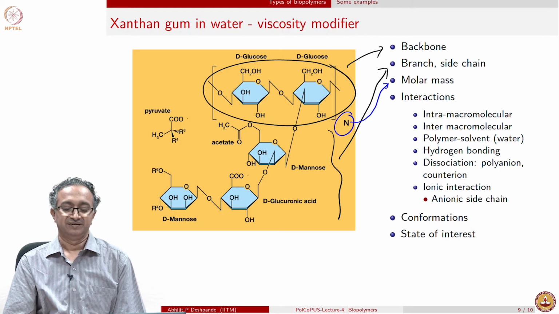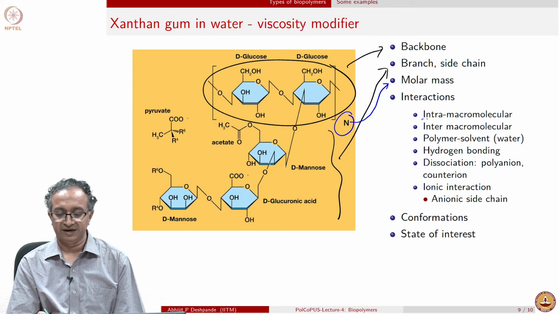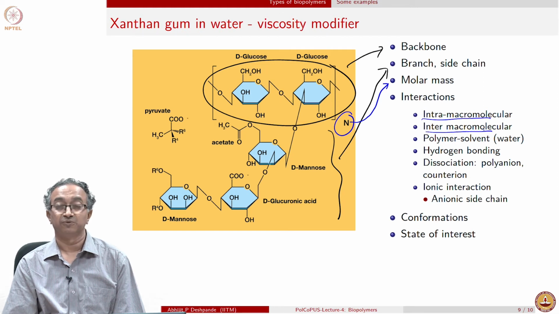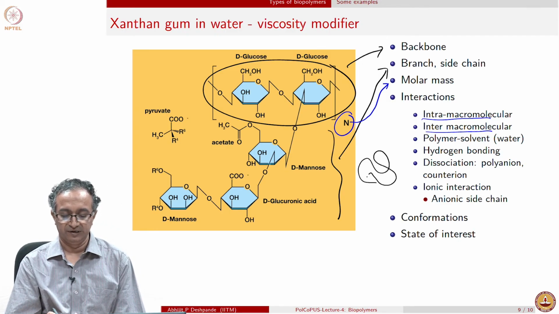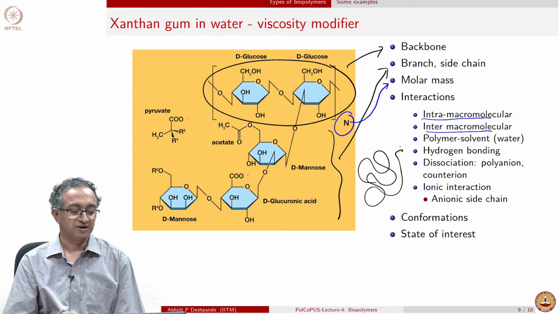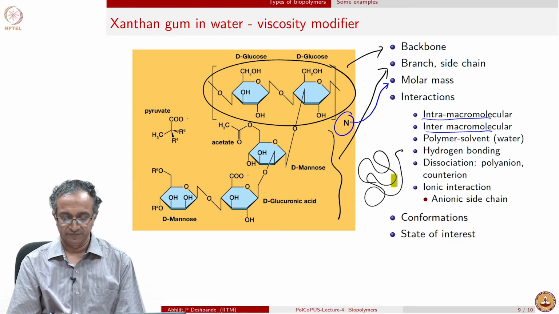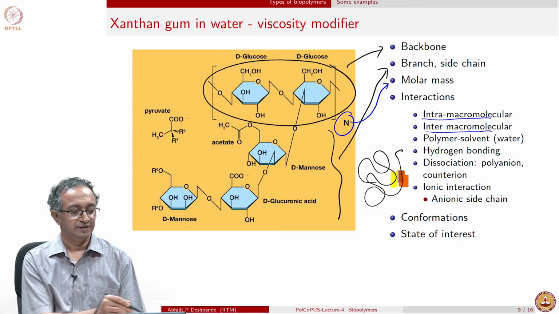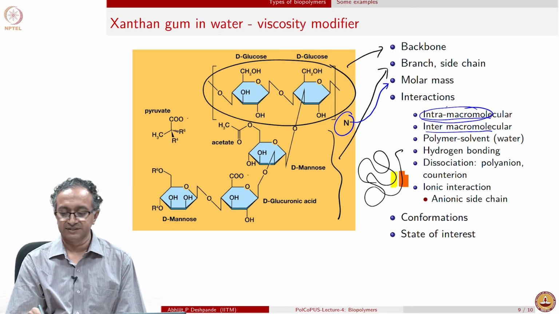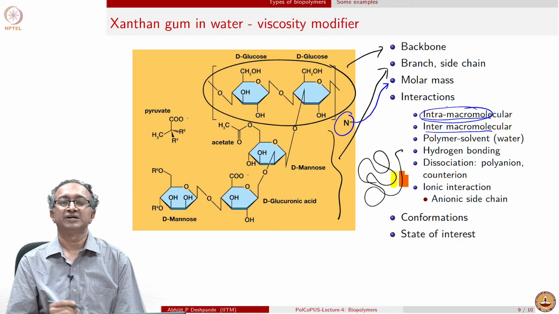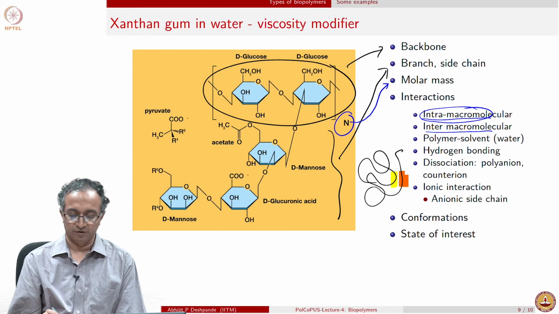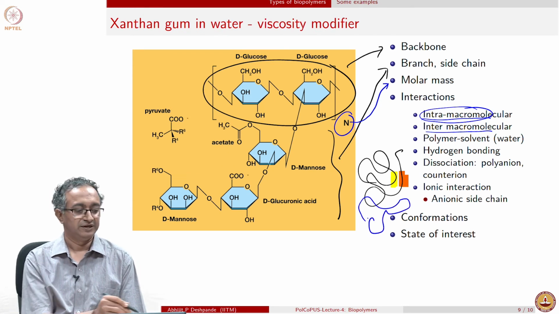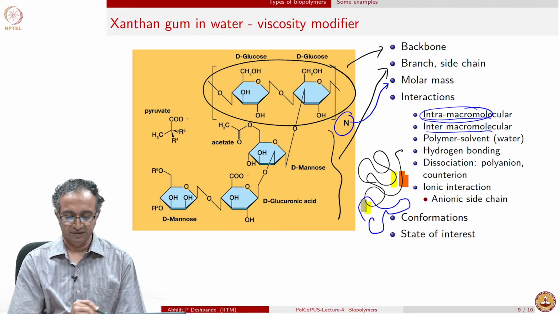The interactions. So, here very importantly we have intra-macromolecular and inter-macromolecular interactions, and just the way we have been drawing a polymer macromolecule, you can notice that one part of a polymer molecule can interact with another part. So, therefore, intramolecular interactions are possible, same macromolecule interacting with itself. And of course, next to this we can have another macromolecule, and therefore, we also can have intermolecular interactions.